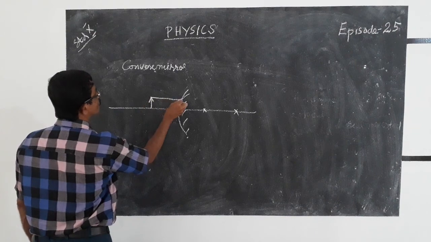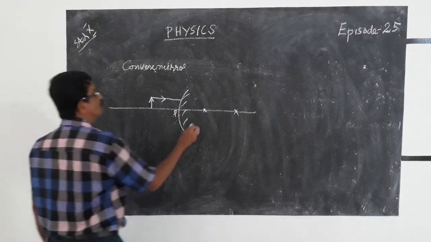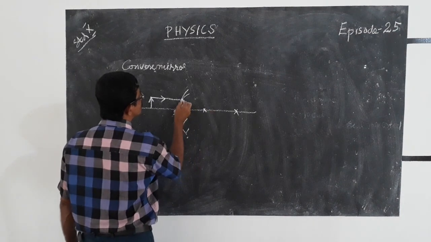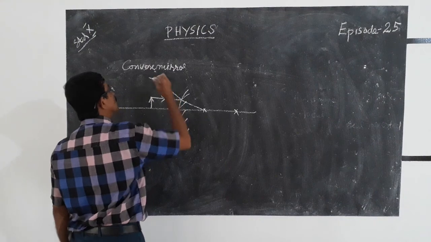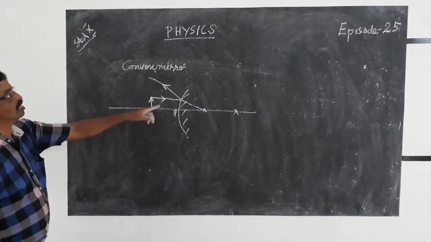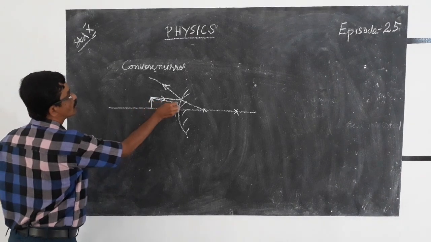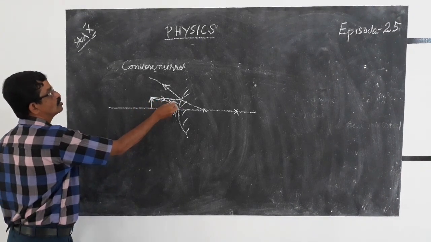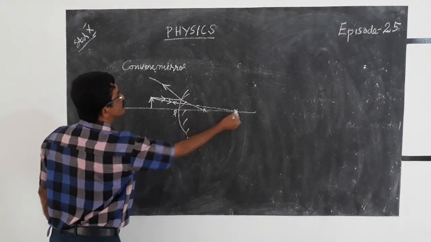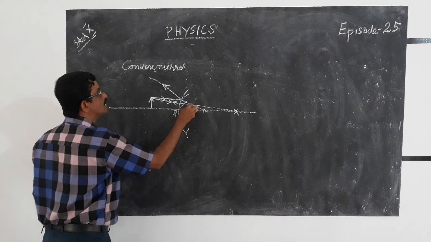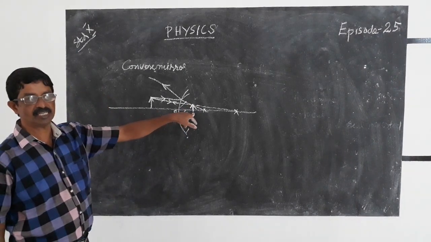Now, a ray parallel to the principal axis appears to be coming from the focus. Another ray directed towards the center of curvature is reflected back along the same path. These two rays meet at this point. Here we got the image.